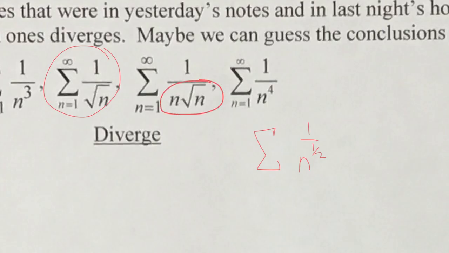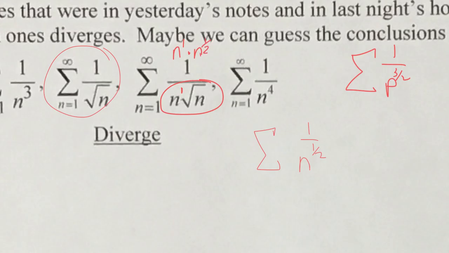What about this one? What is the power of that denominator? It's 3/2. Or, sorry, not 3.5, my brain. 3 divided by 2, or 1.5, because this is n to the first times n to the 1/2.